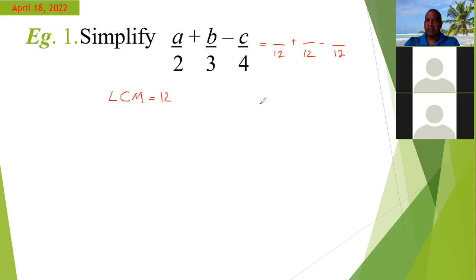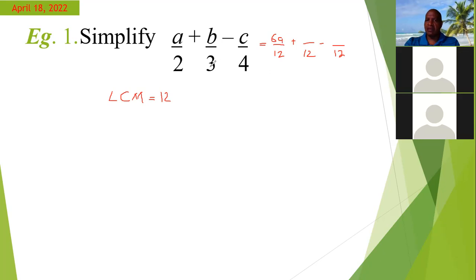Multiply it by 6. It's the same number that you use to multiply the denominator to get the 12. That's the same number you're going to use to multiply your numerator. So if 2 into 12 goes 6, then we take the 6 and multiply the numerator. So we will get 6 times A here.